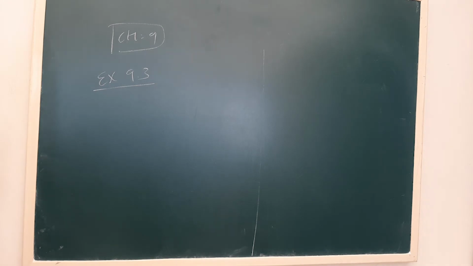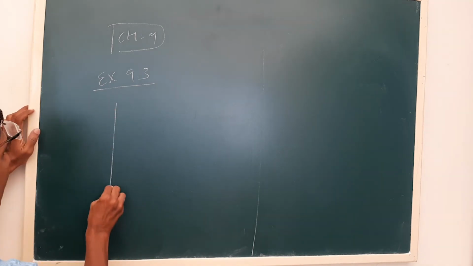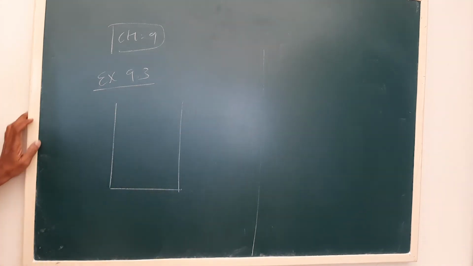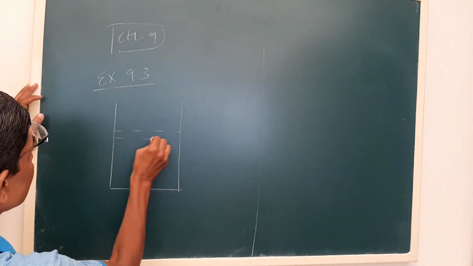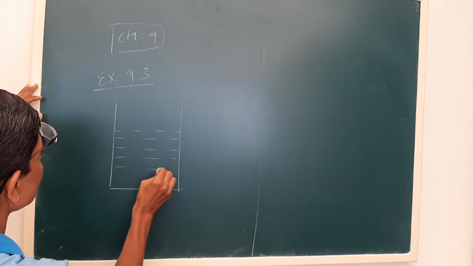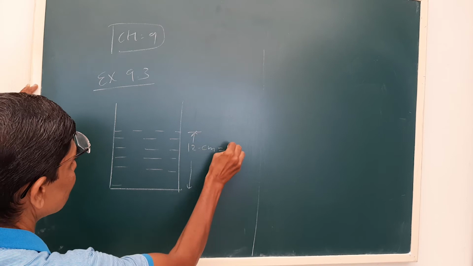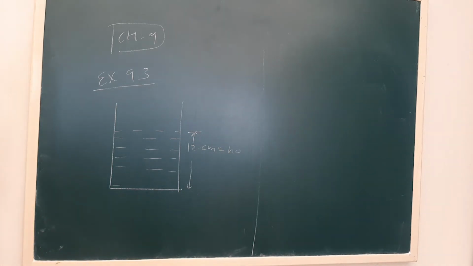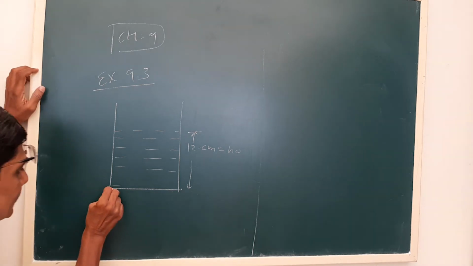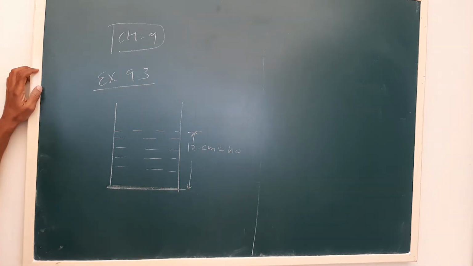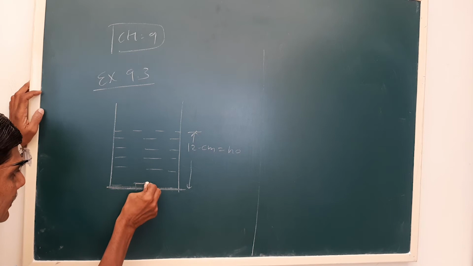Okay, now see, a tank is filled to the height of 12.5 centimeter. Let us say we call it Ho. Now let us say this is the bottom of the tank, or we can say the object at the bottom of the tank.